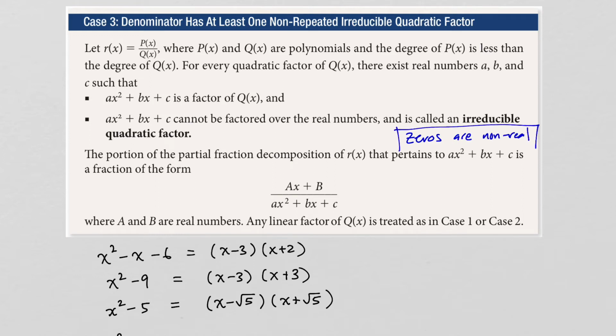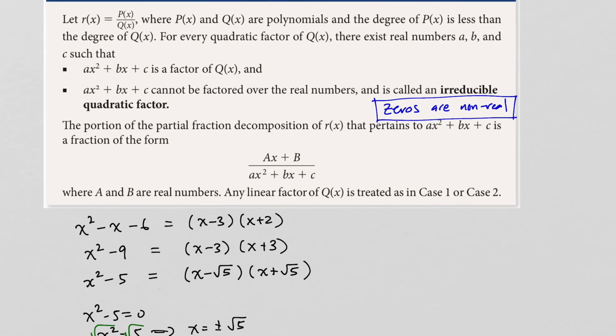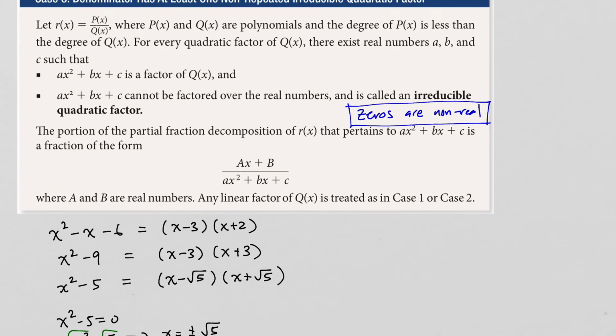So in other words, they involve imaginary numbers, complex numbers. So an example of an irreducible quadratic factor would be something like x squared plus 9. Because if you set x squared plus 9 equal to 0 and solve for x, you get x squared equals negative 9, and then taking the square root of both sides gives you x equals plus or minus 3i.